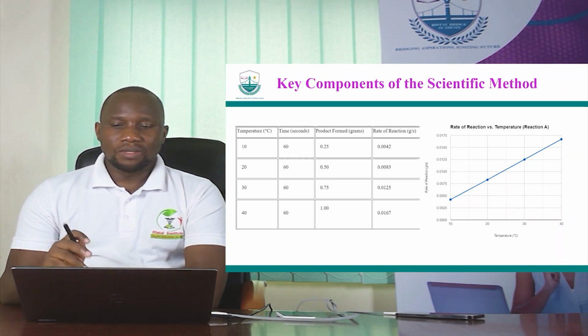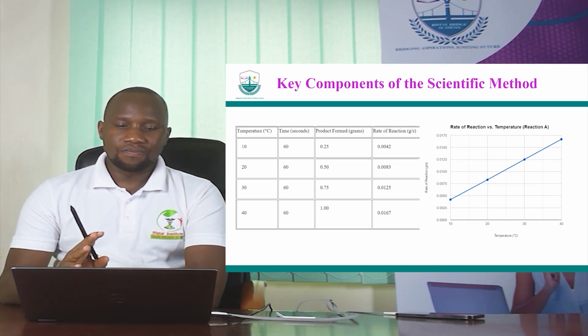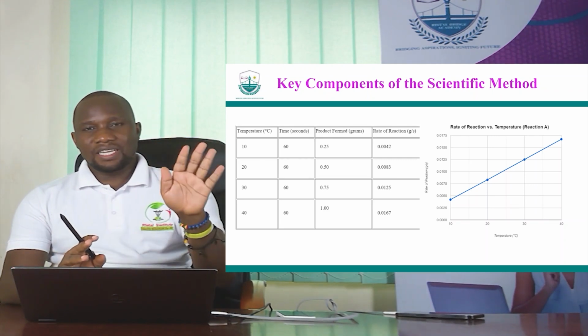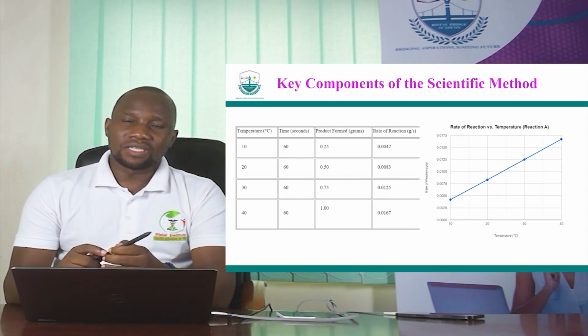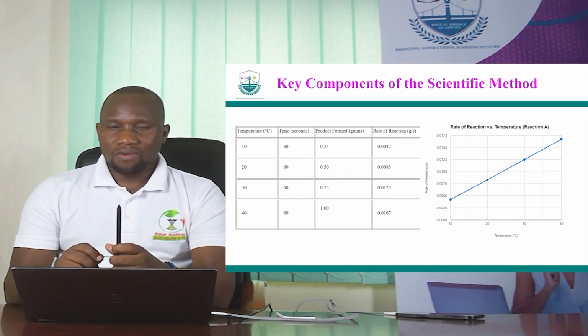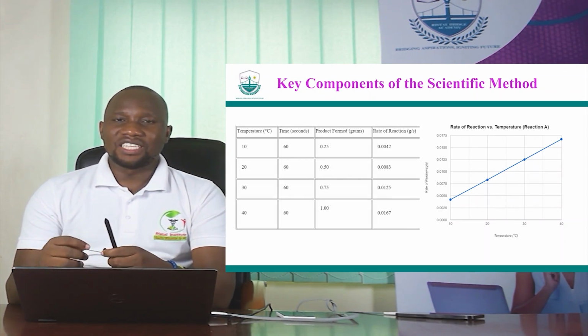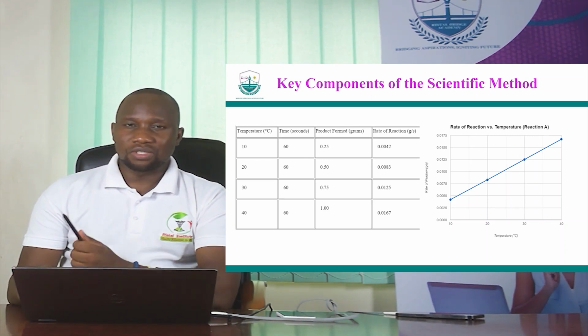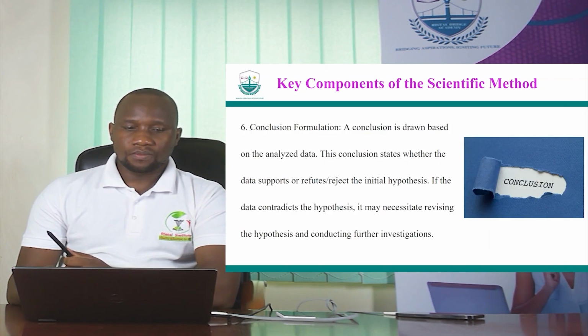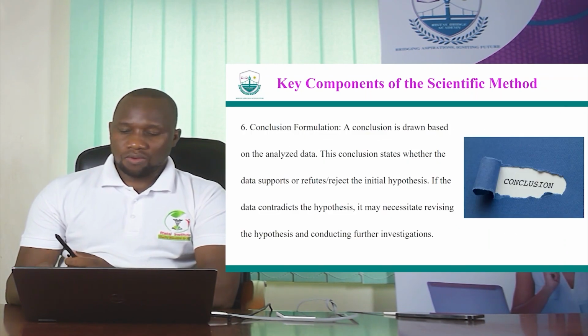Okay, so this is to say that when you collect the data, tabulate them very well, and then plot them on a graph, or even come up with a pie chart, whatever way you want to present this information. Then now you make a conclusion.